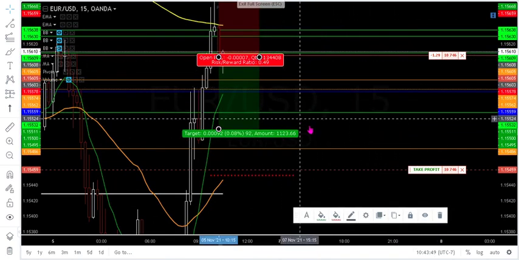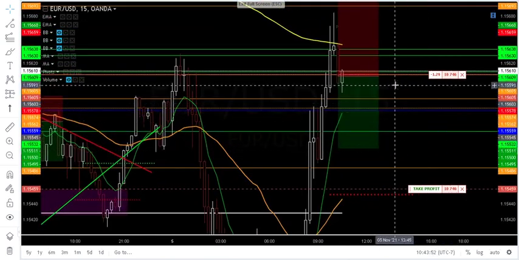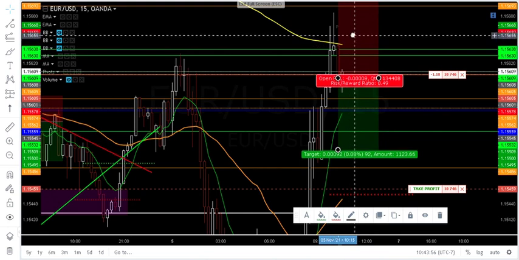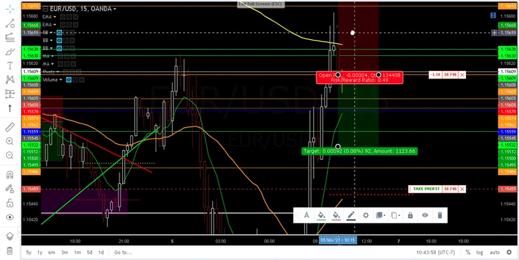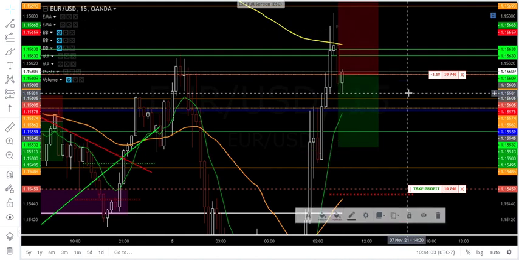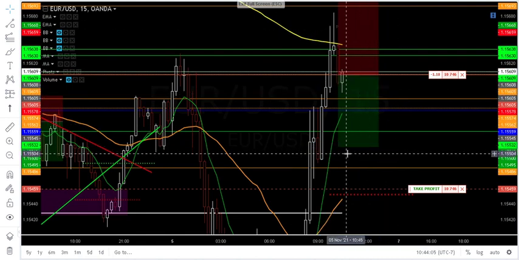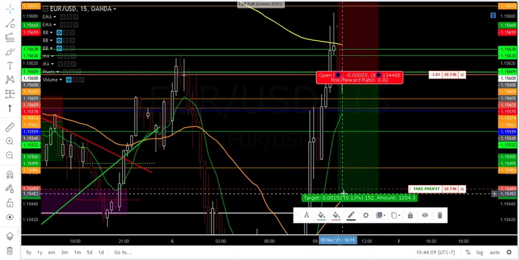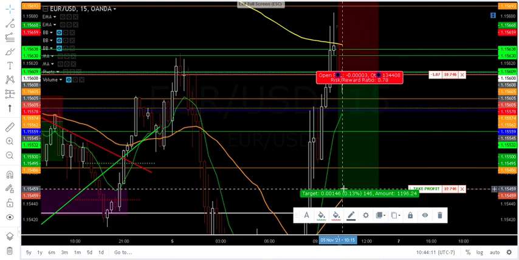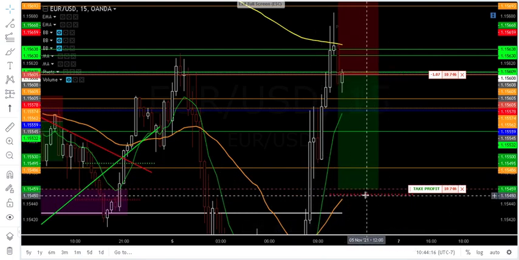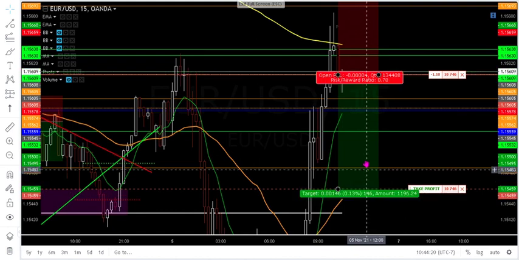I want to put this exactly where I got in at. And this is the target, even though it's going to take me out when I hit this red line because of the whole pip spread thing.